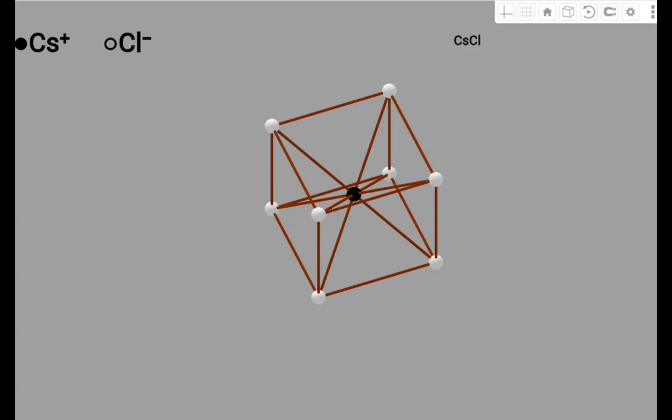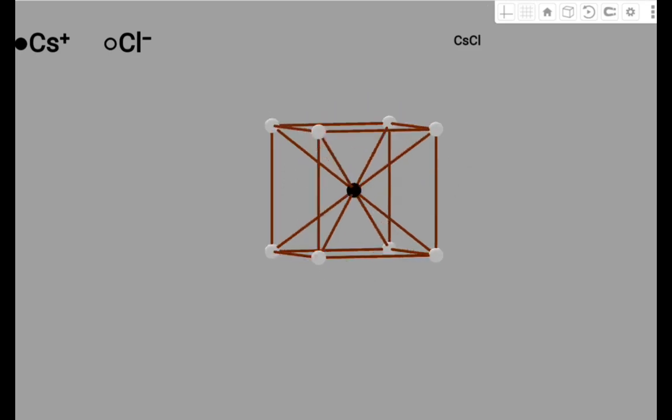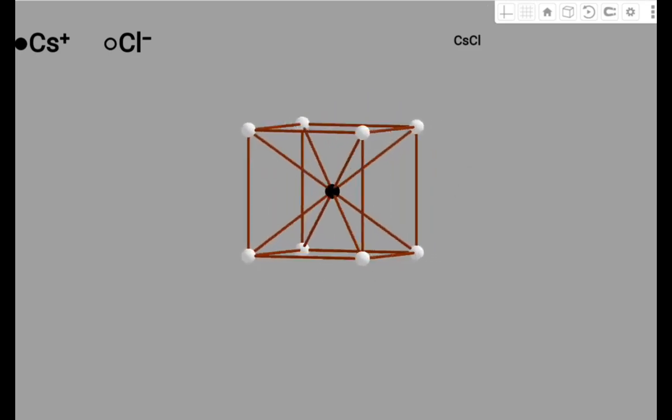This one here is cesium, and the white one is chloride. So this is actually simple cubic, not BCC. Although it looks like a BCC, it's a simple cubic.